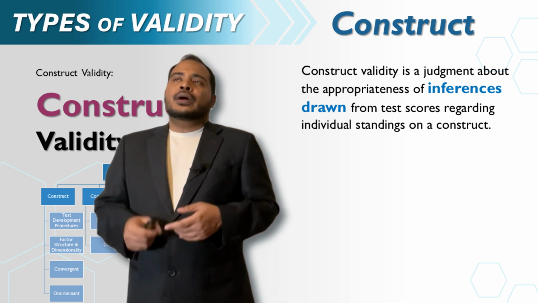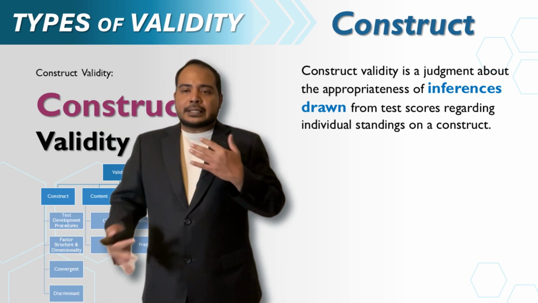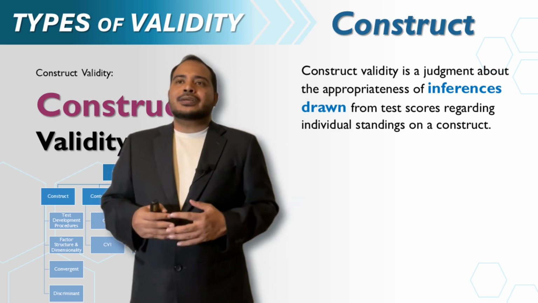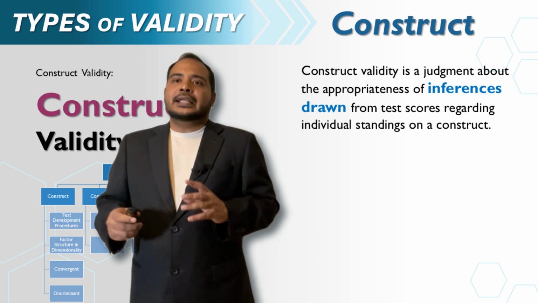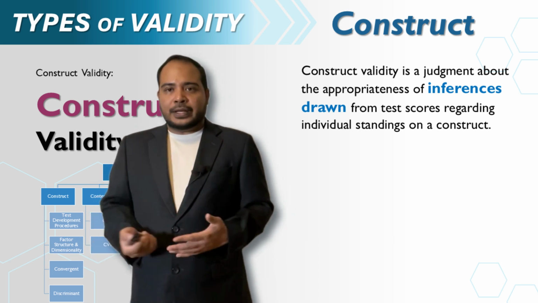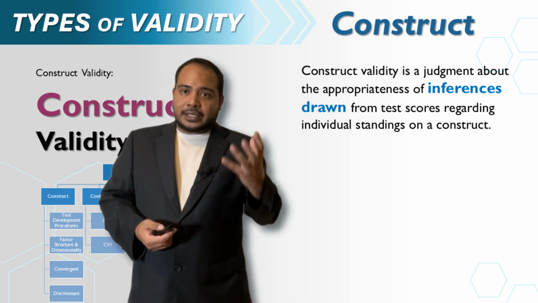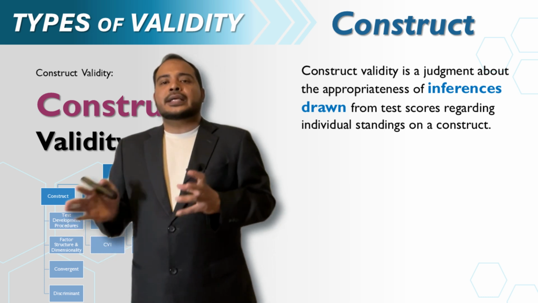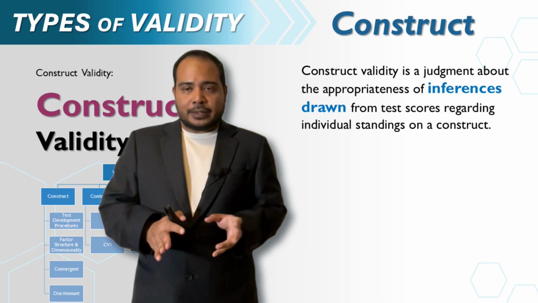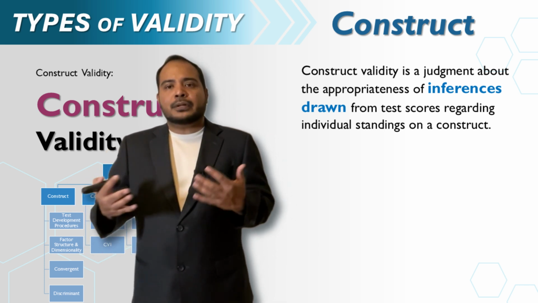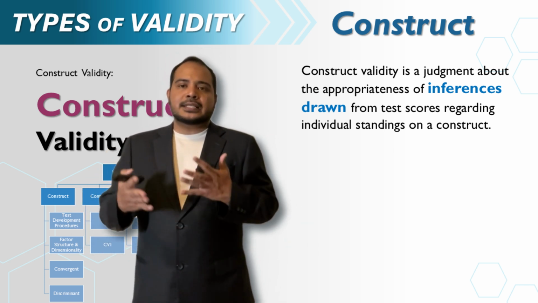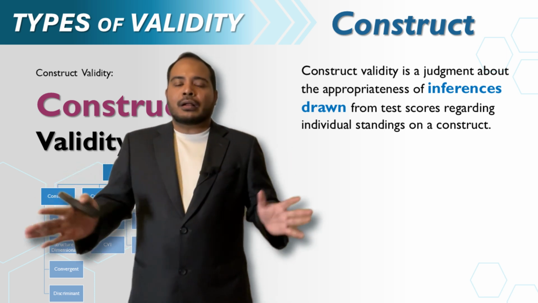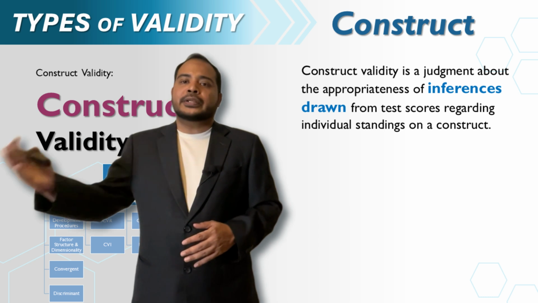The reason we need to understand construct validity is because it gives us the indication, the evidence, that the construct, the motivation just now, really measures what it's supposed to measure. People consider construct validity the most important validity among all of the available validities that we are going to learn.